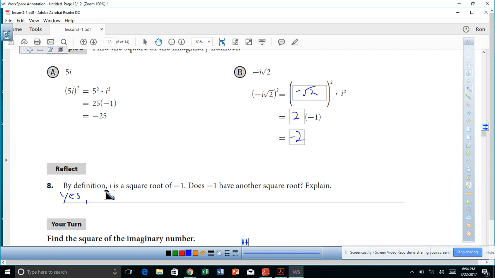Negative i is also a square root of negative 1, because squaring negative i also gives negative 1.